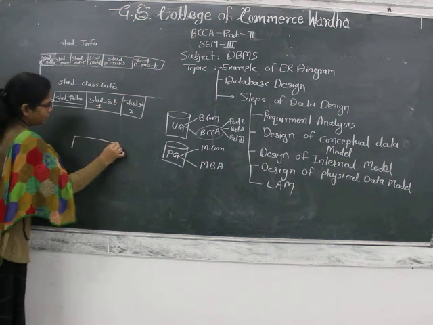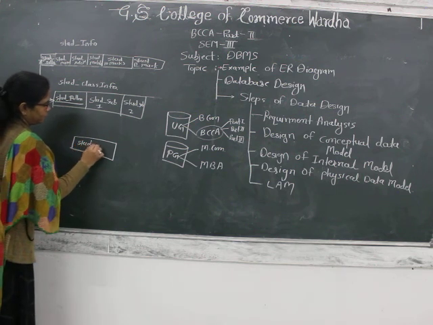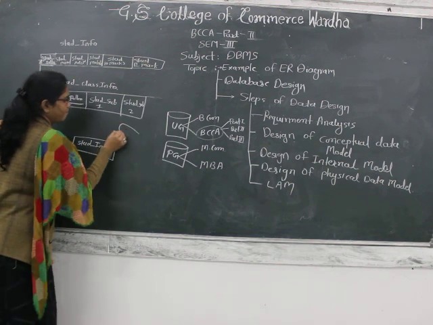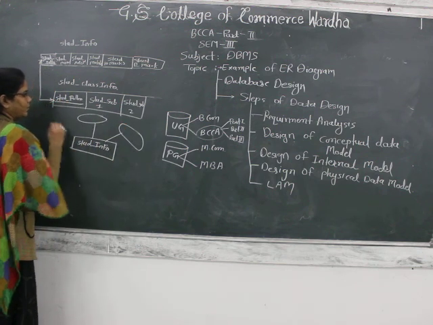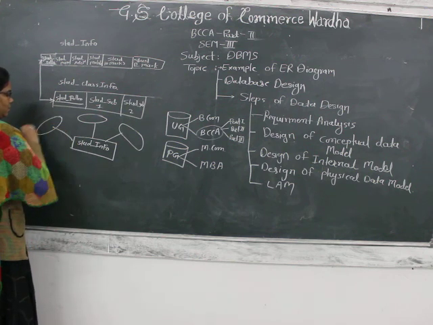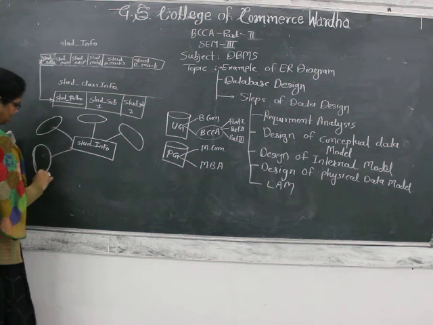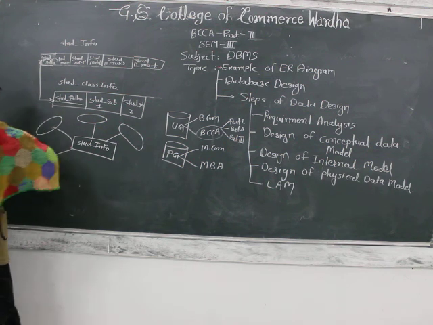Okay, so stud info: the ER diagram we are designing with the attributes present in the first entity, like stud roll number.